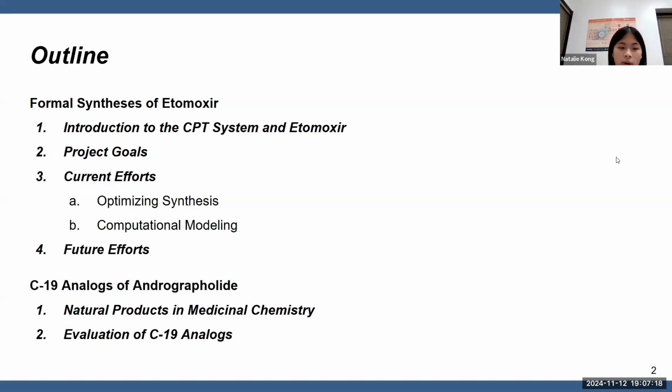And on the andrographolide side, we will be going over our work on A-ring analogs of andrographolide, the rationale behind our project and why andrographolide specifically was selected, as well as the evaluation of the C19 analogs we synthesized.